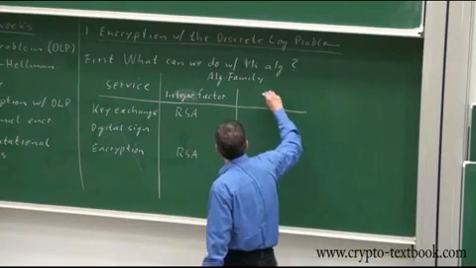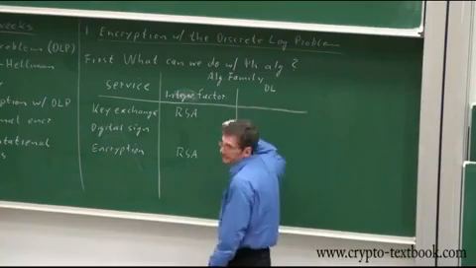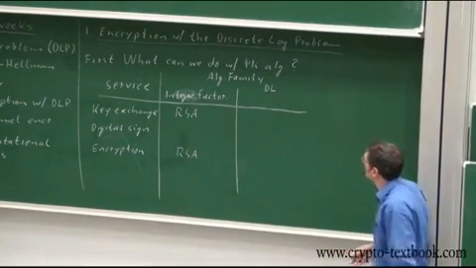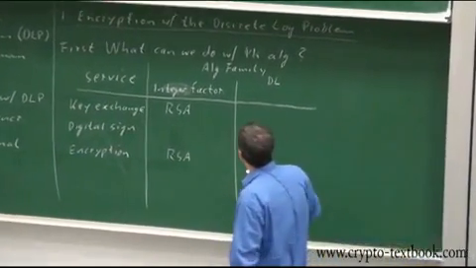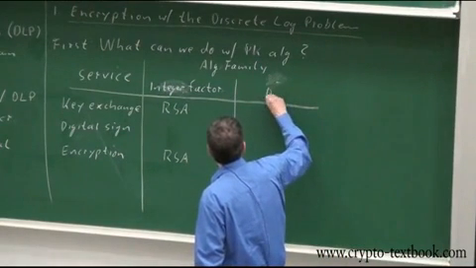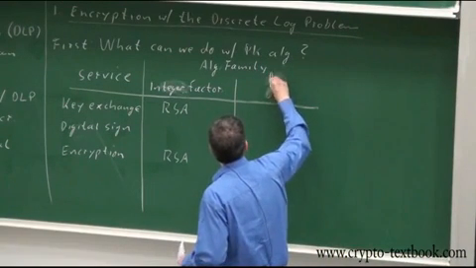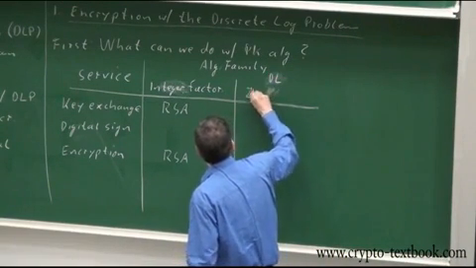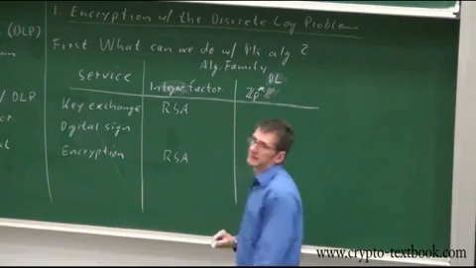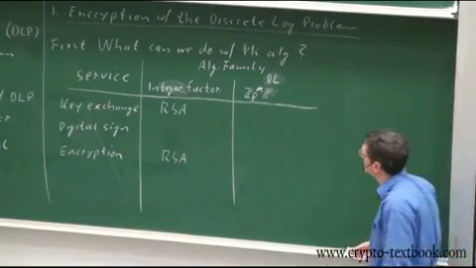The other major family, and that's what we're doing right now, is the discrete logarithm family. I just call that DL here. We have DL in Zp star, with this modular p arithmetic, exactly the stuff we've been doing for a few weeks by now.